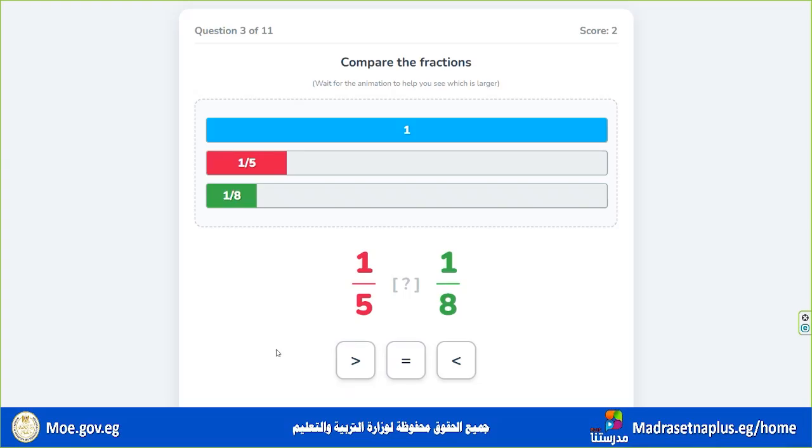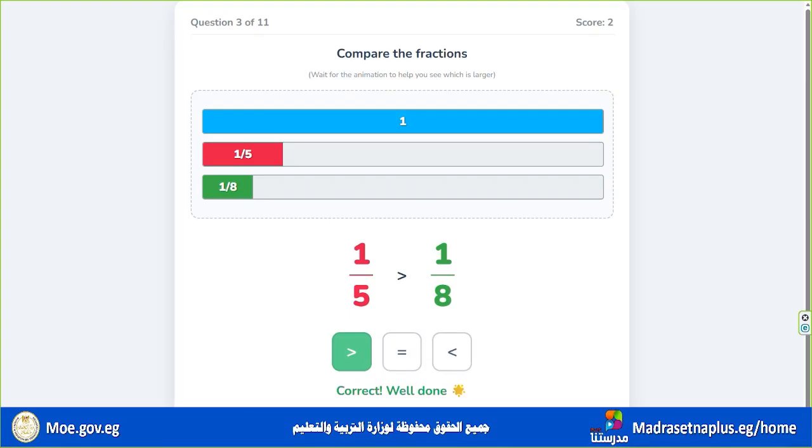No, it isn't 5, it's fifth. 5 is smaller than 8, but a fifth is greater than an eighth. In front of you, it's fifth, not 5. This is eighth, not 8. So 1/5 is greater than 1/8.